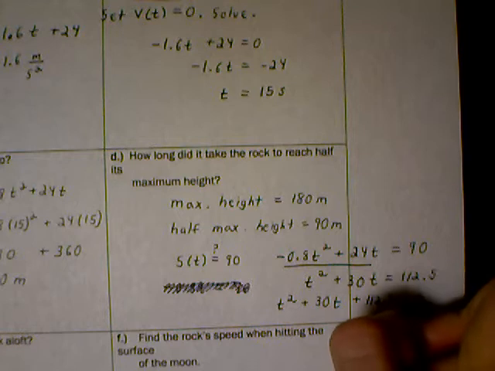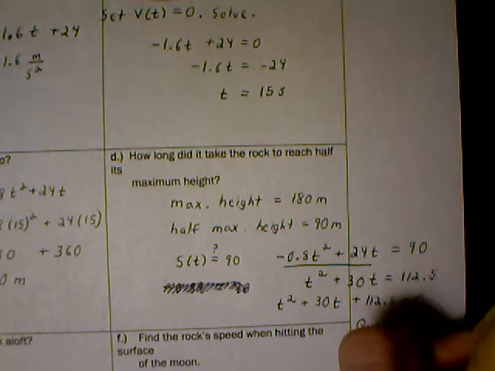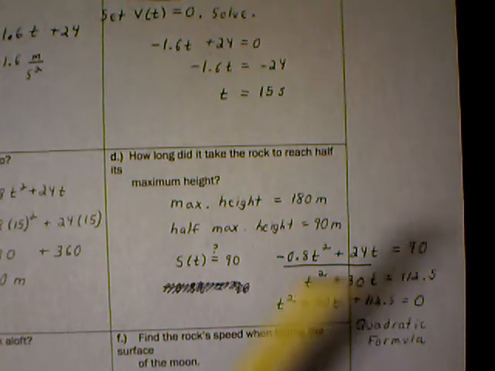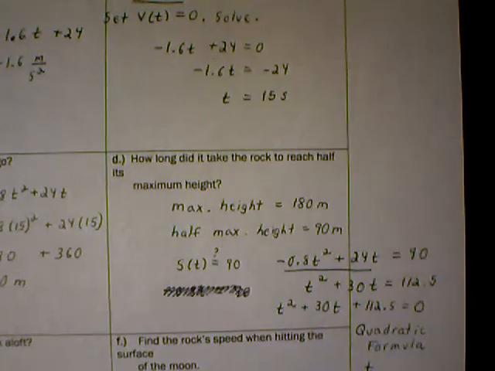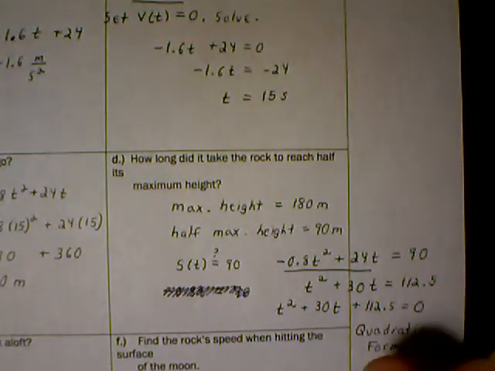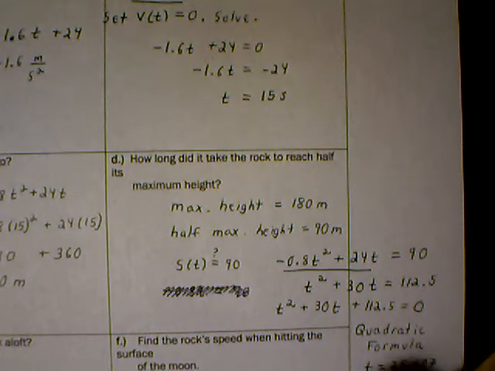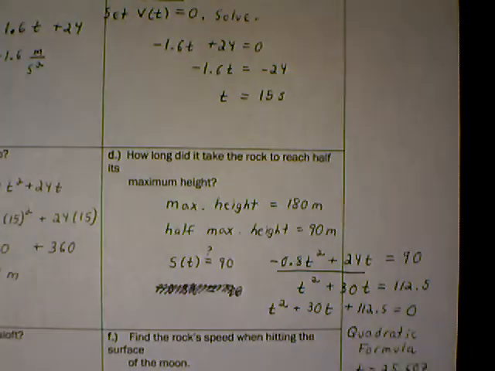Or you could use the quadratic formula from back in Algebra 1 and Algebra 2. So on a separate sheet, I did the quadratic formula, and you get t equals 25.607, or t equals, let me check for a second, 4.393.